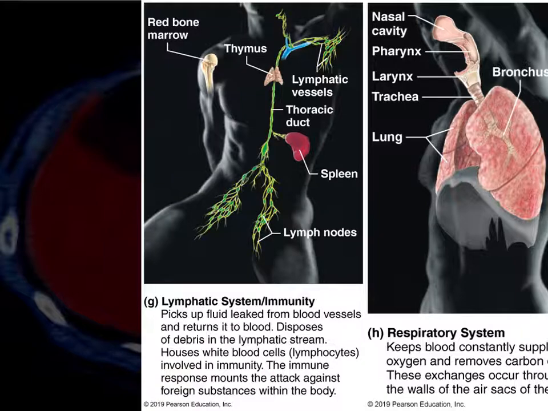Our next two, the lymphatic system and the respiratory system. The lymphatic system contains your lymphatic vessels, your lymph nodes, the spleen, the thymus, and your bone marrow. What is the purpose of the lymphatic system?